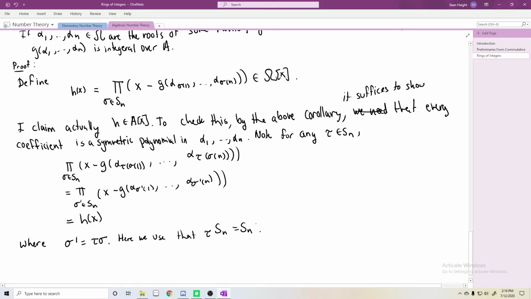So if the symmetric group acts in this way, what ends up having to happen is it has to fix every coefficient of the polynomial h.